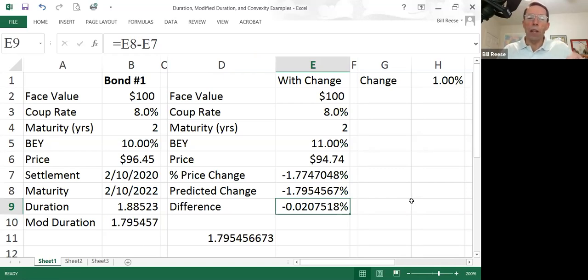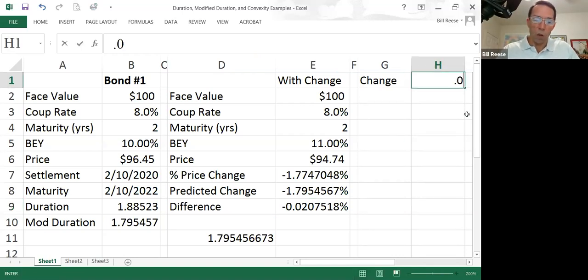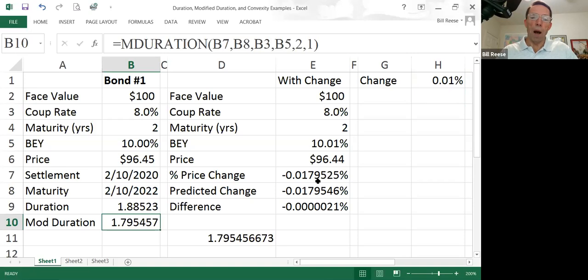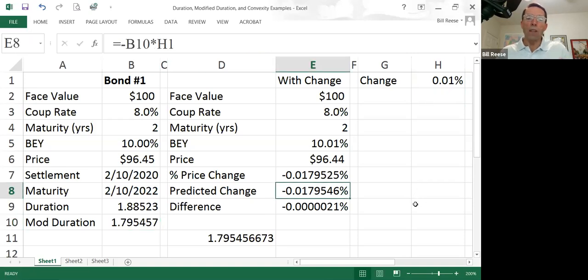Where modified duration is going to be really accurate is for very small changes in interest rates. Now, actually, a 1% change in interest rates is really a big change. I mean, that's a humongous change. Let's think about a 1 basis point change. Make the change 0.01%. Now, for a 1 basis point change, modified duration is predicting the price of the bond will go down by 0.0179546%.